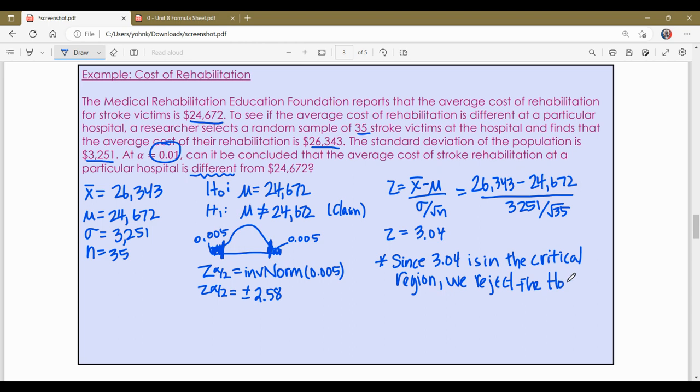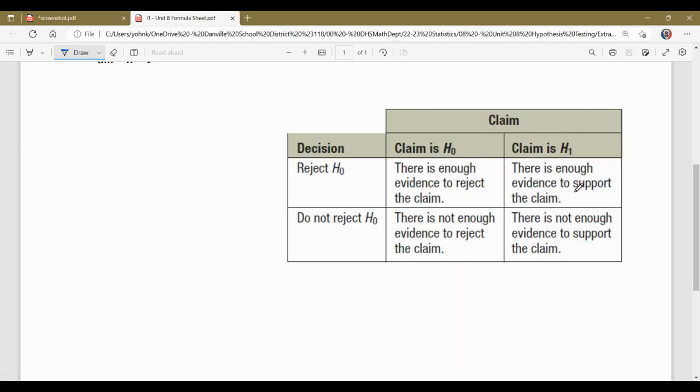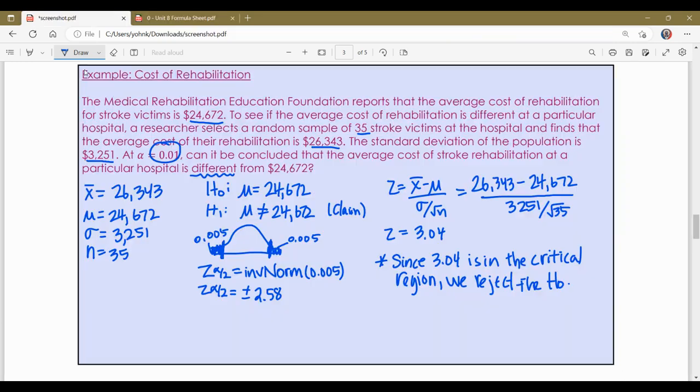We reject the null. So since we're rejecting the null, that goes in our favor because that adds to the support of our claim. So notice that our claim is the alternative and we reject. There is enough evidence to support the claim.